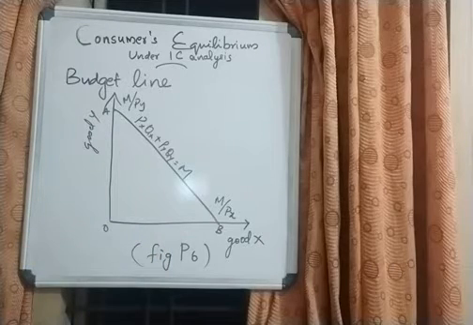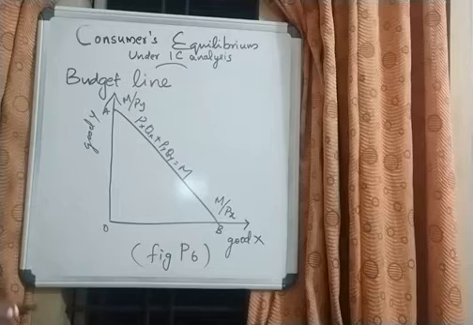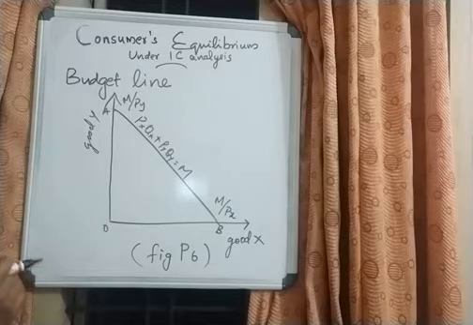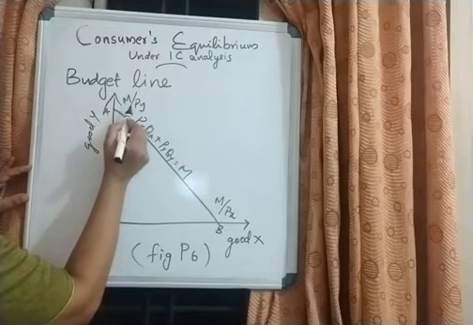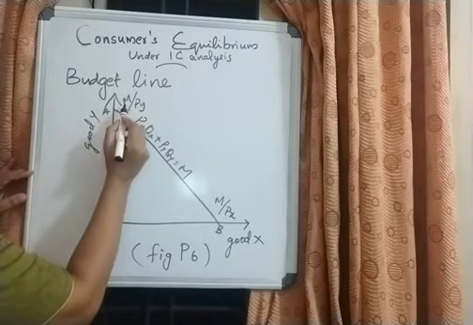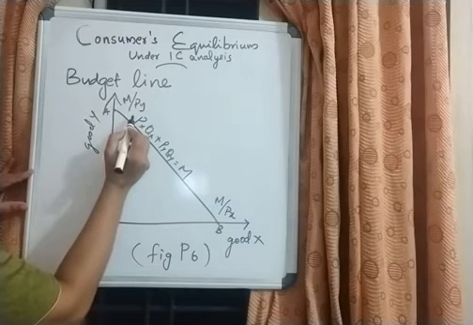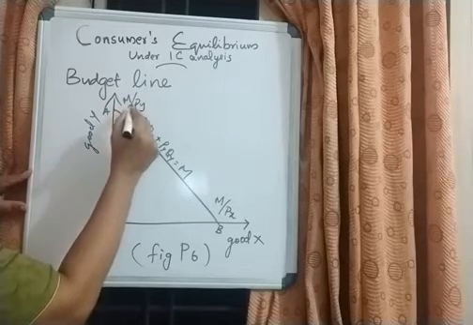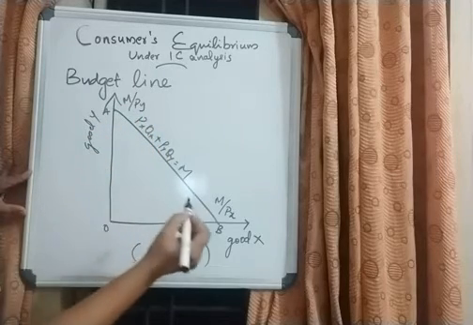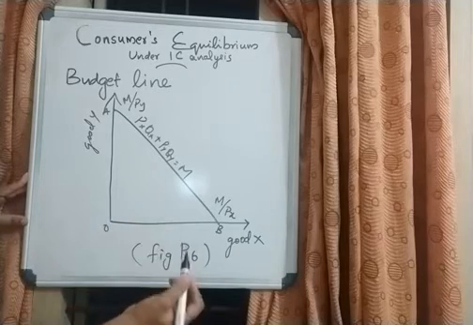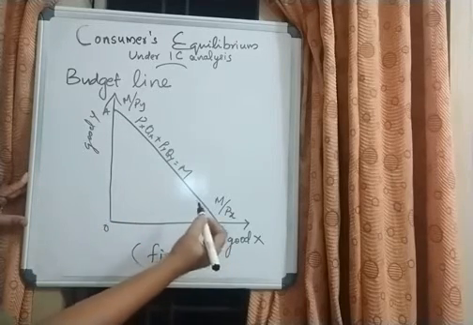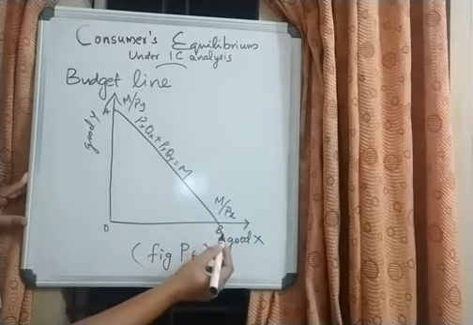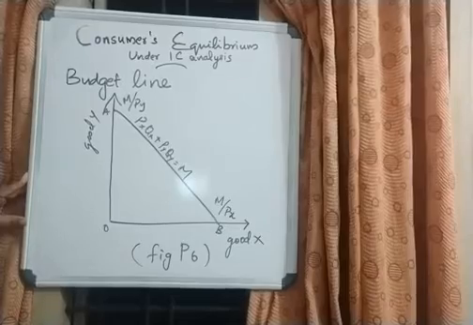If the consumer spends all his income on good Y, he can purchase M by Py of good Y. M is the money income of the consumer, Py is the price of good Y. And if he spends all his income on good X, he can purchase M by Px of X.